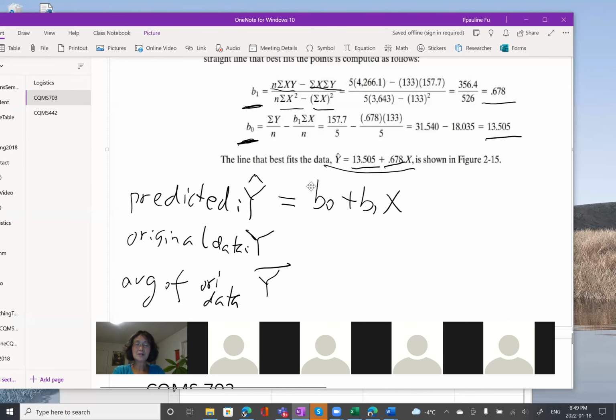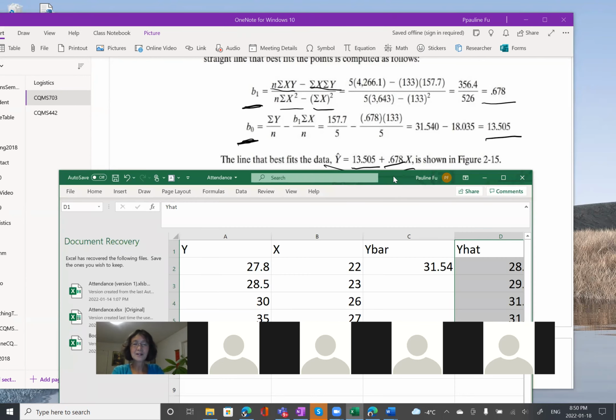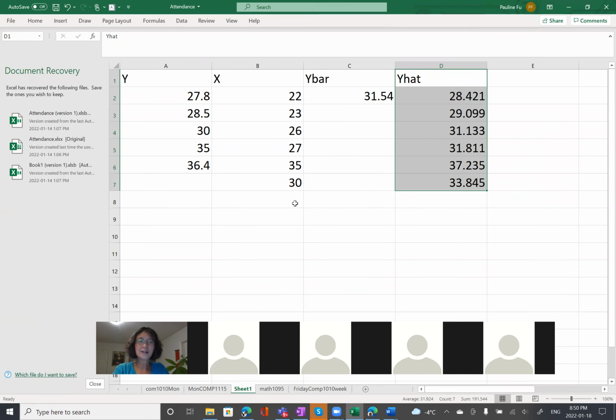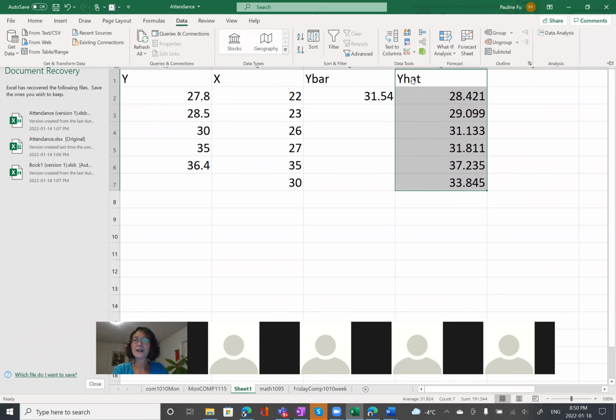So that is the formula method. And how do I use Excel to produce this equation? To use Excel to produce this equation, you can create a scatter plot, or you can use Data and then Data Analysis.